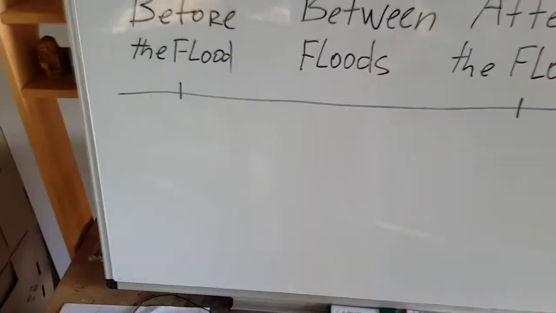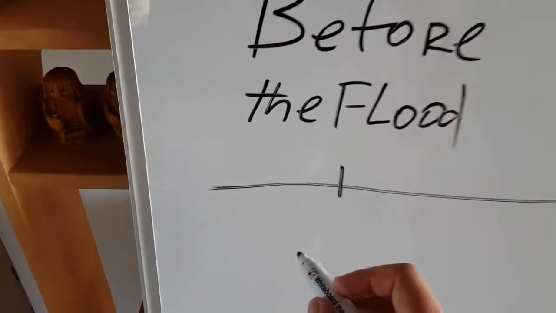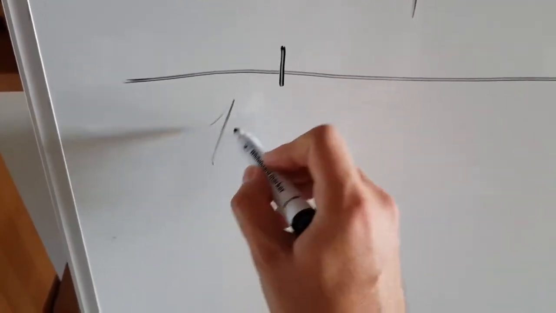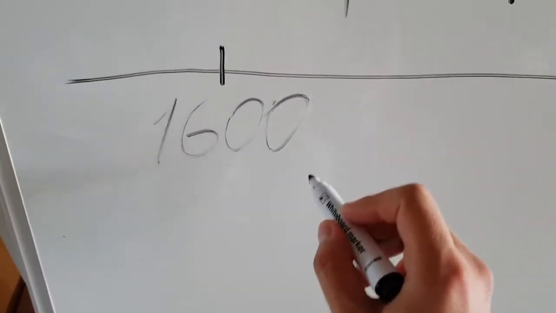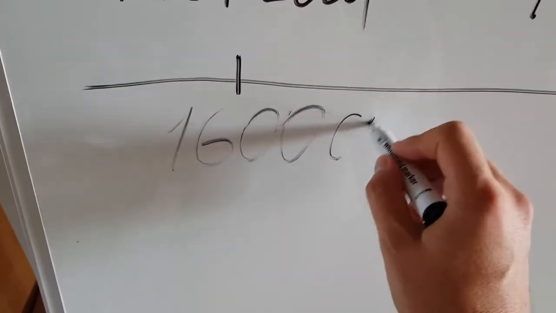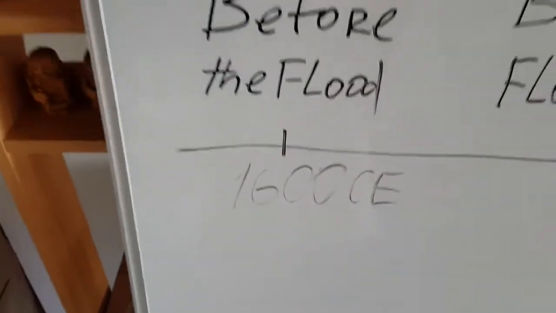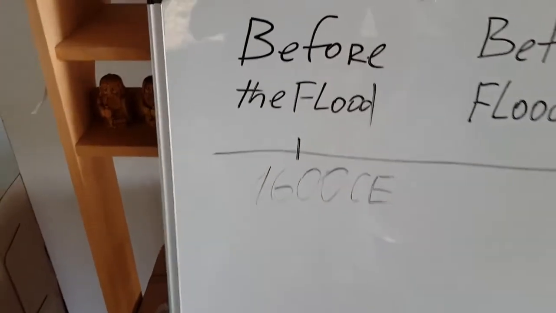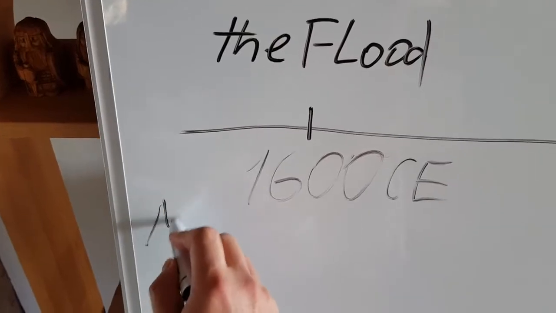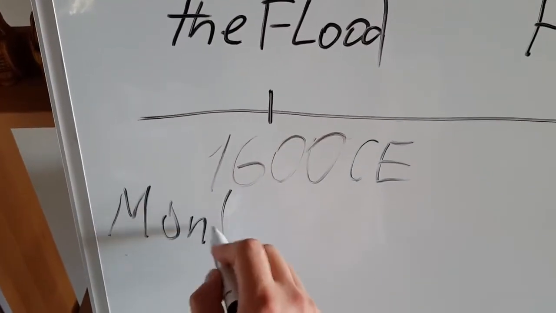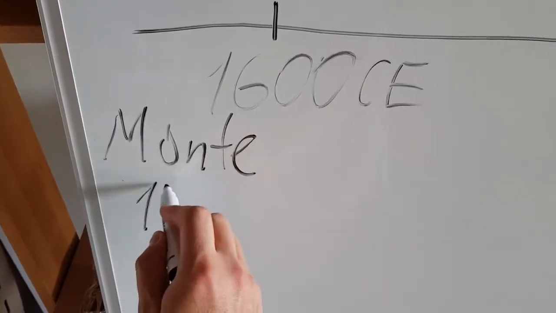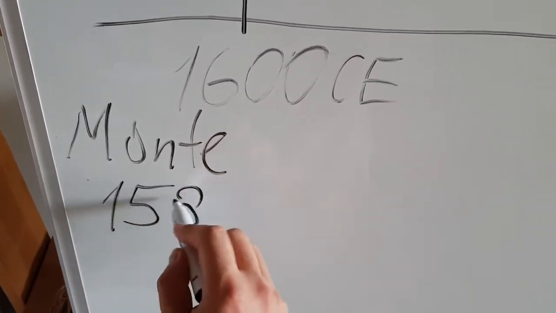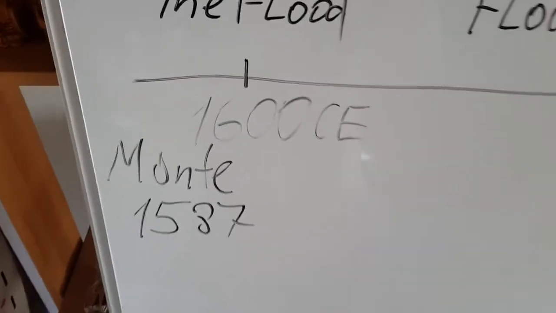So before the flood, this date should be somewhere around, if my marker was only right, 1600 of current era. Why? Well, because if you look at the Monty map, it was, if I remember correctly, finished in 1587, I believe.